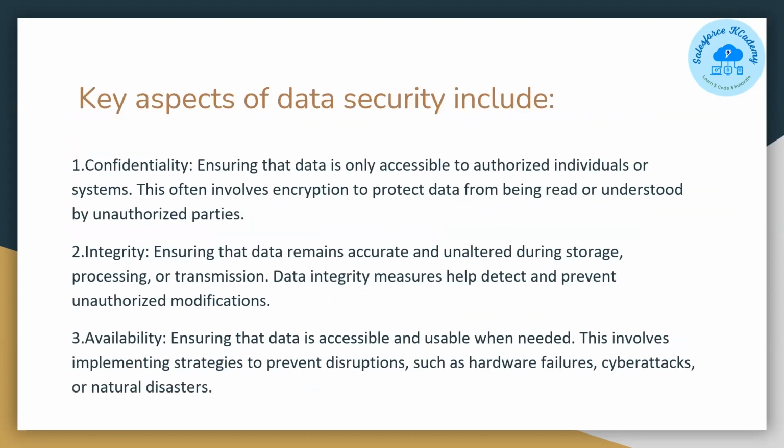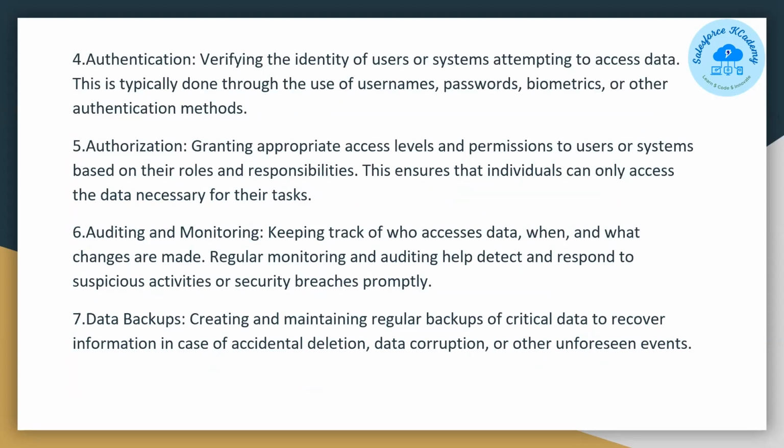So once again, confidentiality, integrity, availability. Then comes authentication. After that, authorization. Keeping this aside, there should be someone to monitor and audit the changes. That someone may be the software or the application or a person manually monitoring. Then there needs to be a data backup.